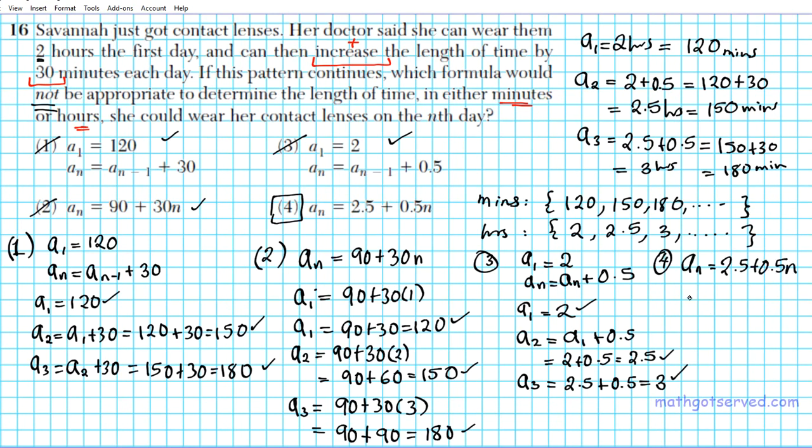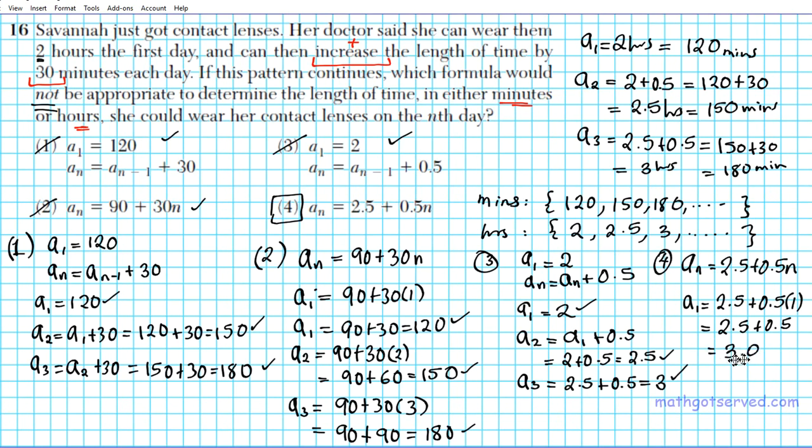Okay, so the first term, let's test it out. A1 is going to be 2.5 plus 0.5 times 1. We're going to use the order of operations. Please excuse my dear Aunt Sally here. 2.5 plus 0.5 is 3.0.